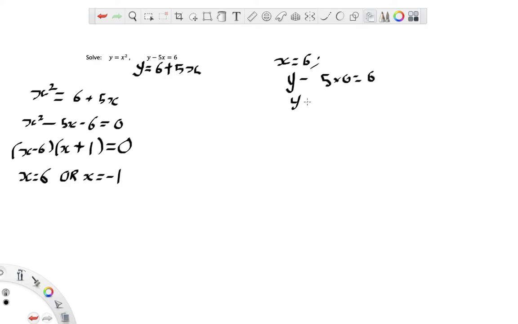So that's y minus 30, which is equal to 6. So therefore, add in 30 on to both sides, y is equal to 36. So when x is 6, y is 36.